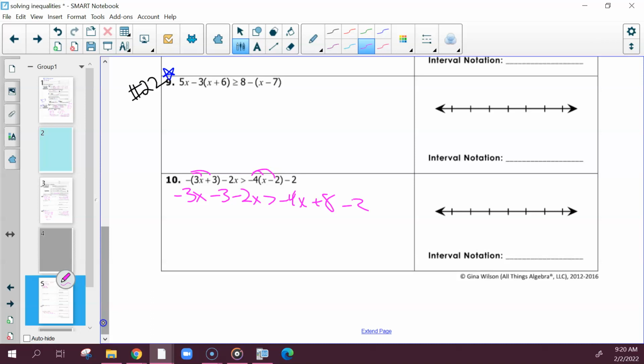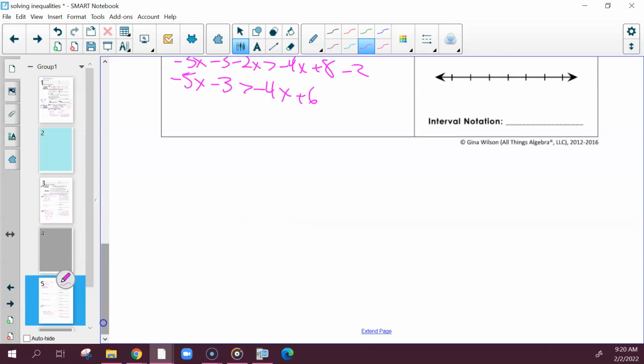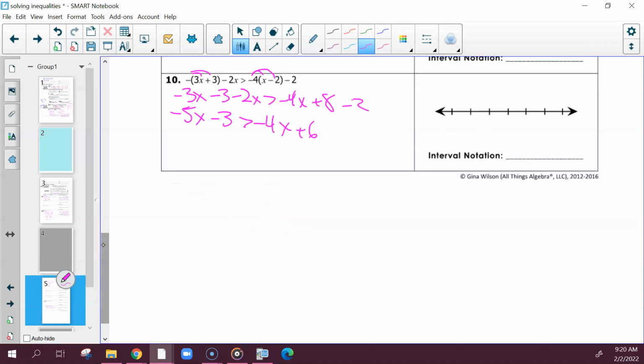Combine your like terms, so we have negative 5x minus 3 is greater than negative 4x plus 6. Then we have choices. What do we want to move? If we move 3, we would be adding: negative 5x is greater than negative 4x plus 9.